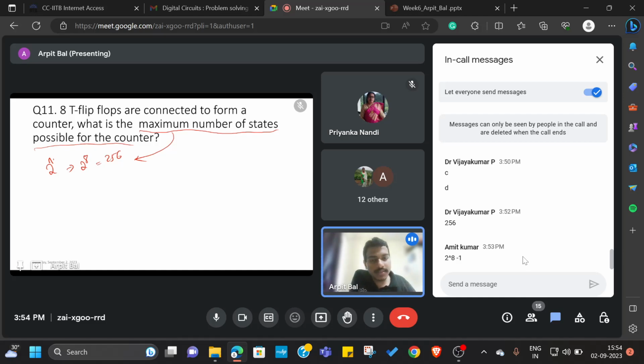Whenever it is asked what is the maximum value or the terminal state that can be achieved, that is 2 to the power n minus 1, which means 255. But when you have to mention all the states, it is going to include the 00000000 state, that is 8-bit 0. So then you have to say that a total of 256 maximum number of states are possible. Is that clear?